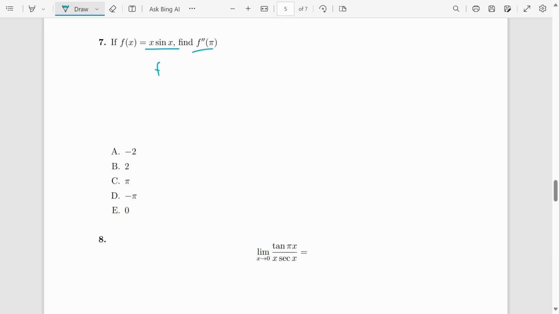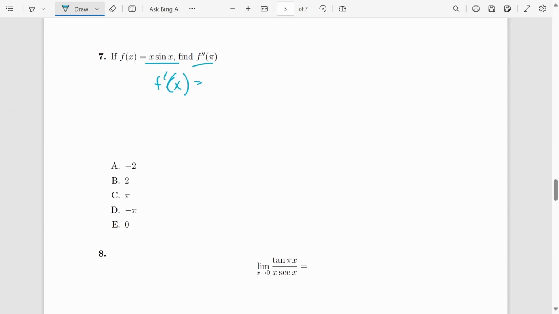So starting with the first one, f prime of x, that is going to require the use of the product rule. The product rule is, if you have something in the form of a times b and you want to take its derivative, that's equal to a prime b plus a b prime. In this case a is x and b is sine of x, so we can just fit both of those into this formula and we'll have our first derivative.